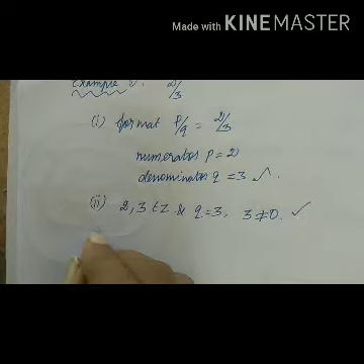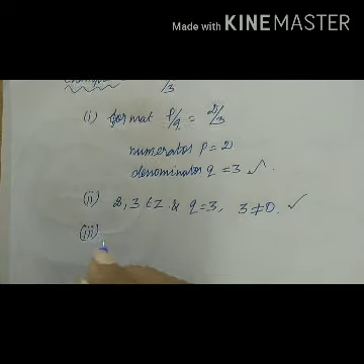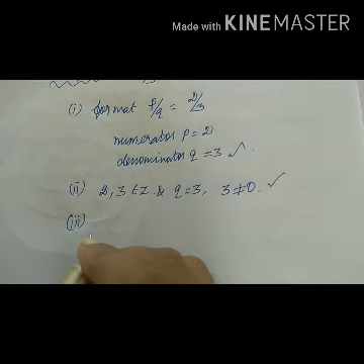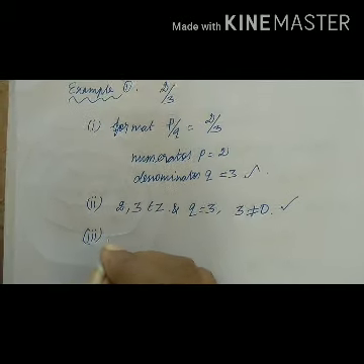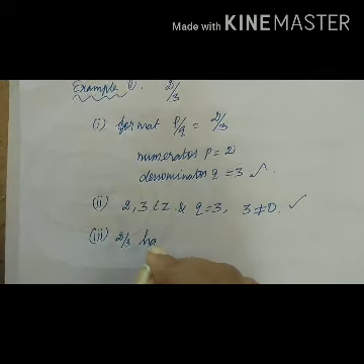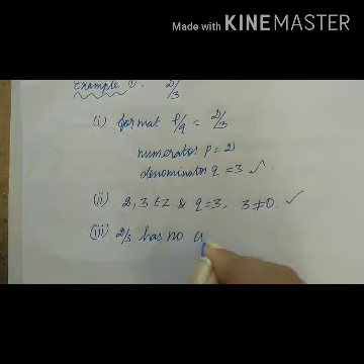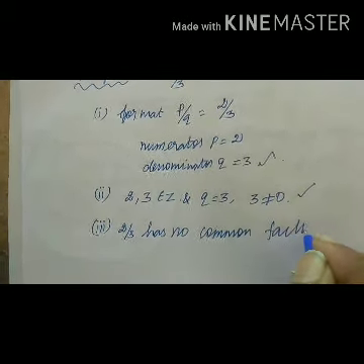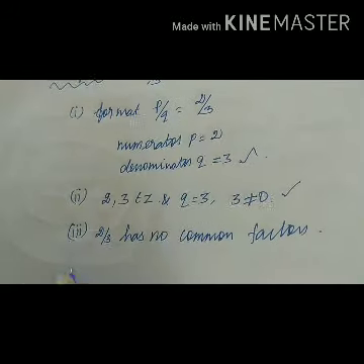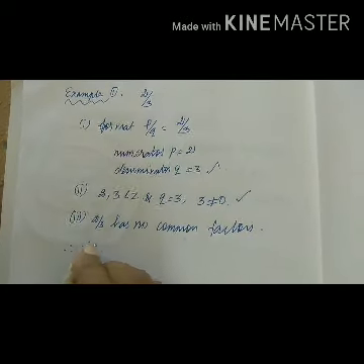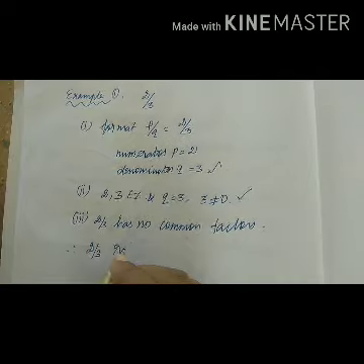And the third condition, no common factors other than 1. The number 2 by 3 has no common factors. Therefore, the number 2 by 3 satisfies three conditions. Now we can say that 2 by 3 is a rational number.